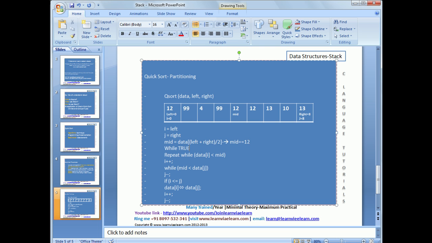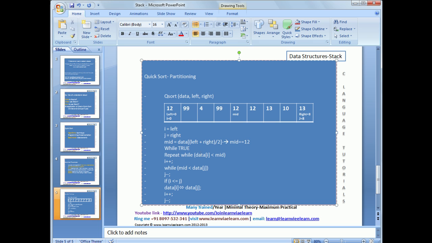Right. Now there is one more while loop, and what this while loop is doing is it will simply compare the pivot element, or mid element, to the elements on the left side.